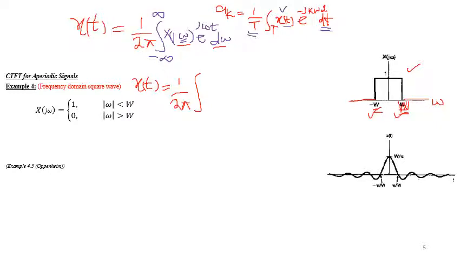And X of j omega is basically 1. It is mentioned here, right? So 1 multiplied by anything will result in the same thing, because it's the multiplicative identity.